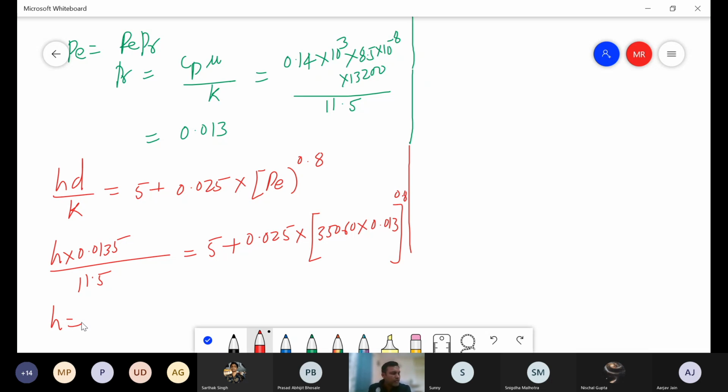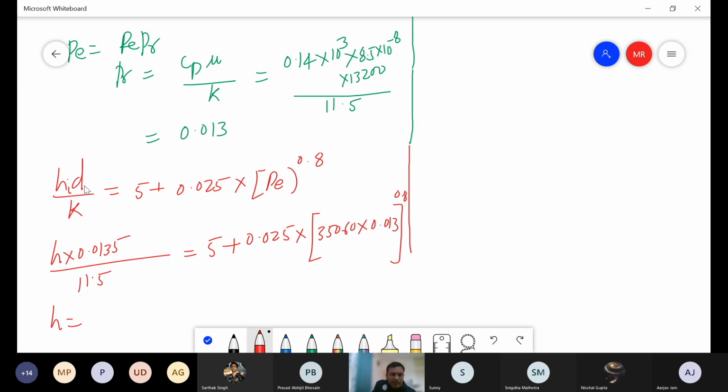Can you calculate the value of h? So this is the inner pipe, isn't it?